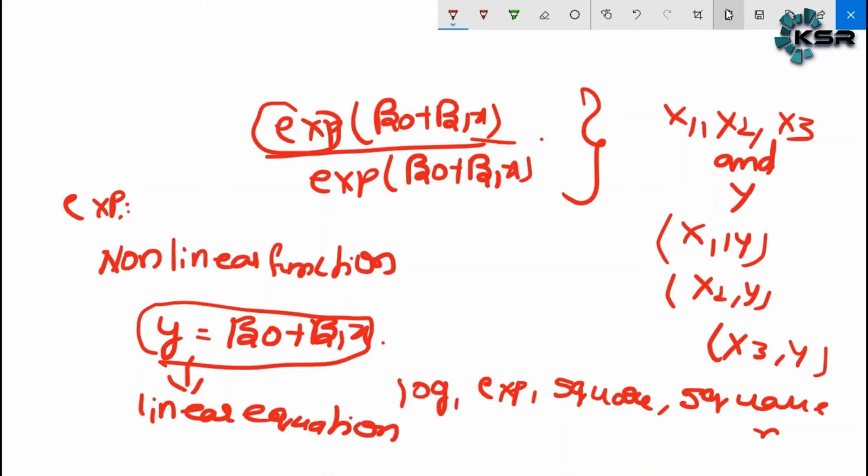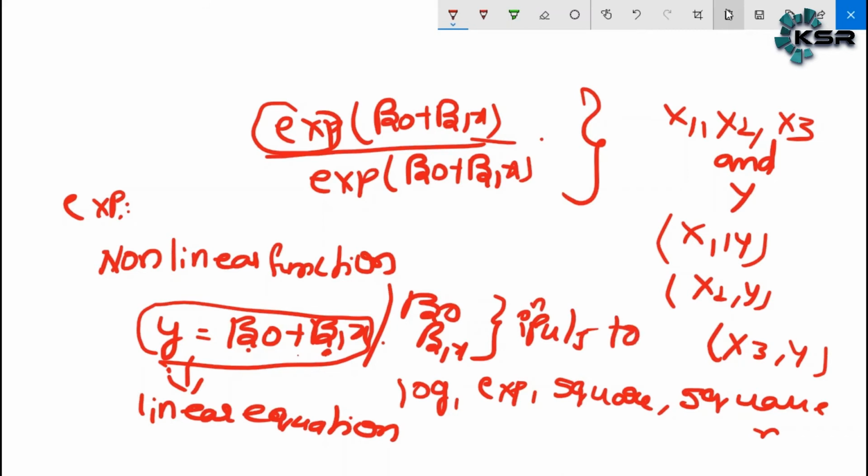So beta naught and beta 1x, these are the inputs to get the linear equation. Am I right?